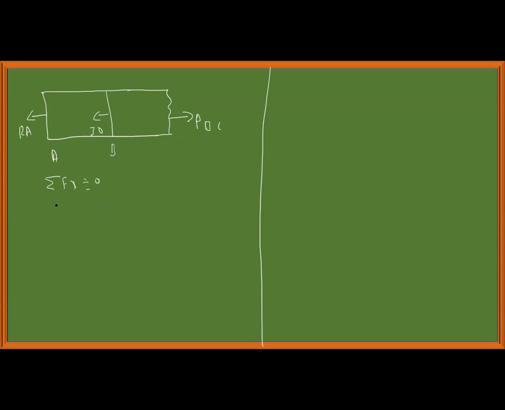This will be minus of minus 60, minus 30 plus PBC is equal to 0, or PBC is equal to 60 minus 30, it's 30 kilonewton. Next section we will move.